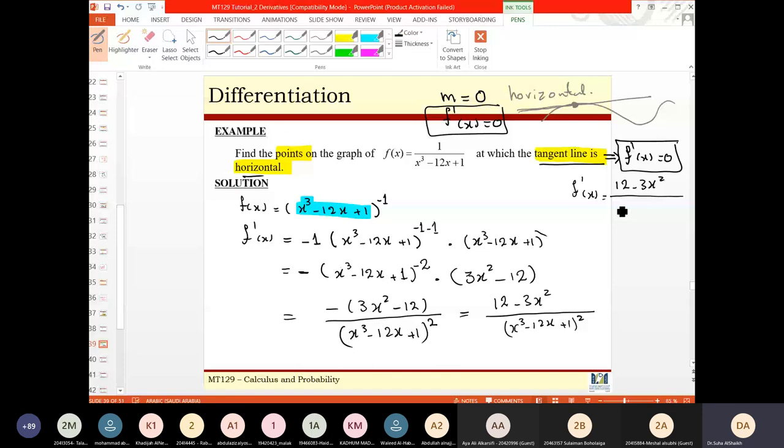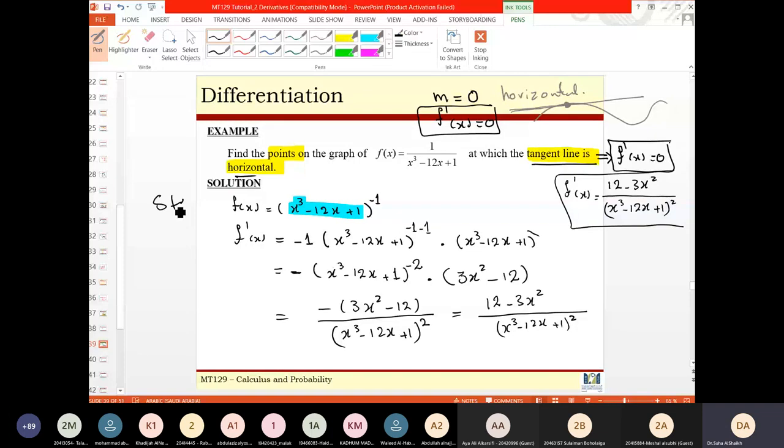Okay, clear? I'm going to erase this because that was step 1 of the solution. We find f dash. Step 2, I have to let f dash equal to 0, to get the points where the tangent line is horizontal.